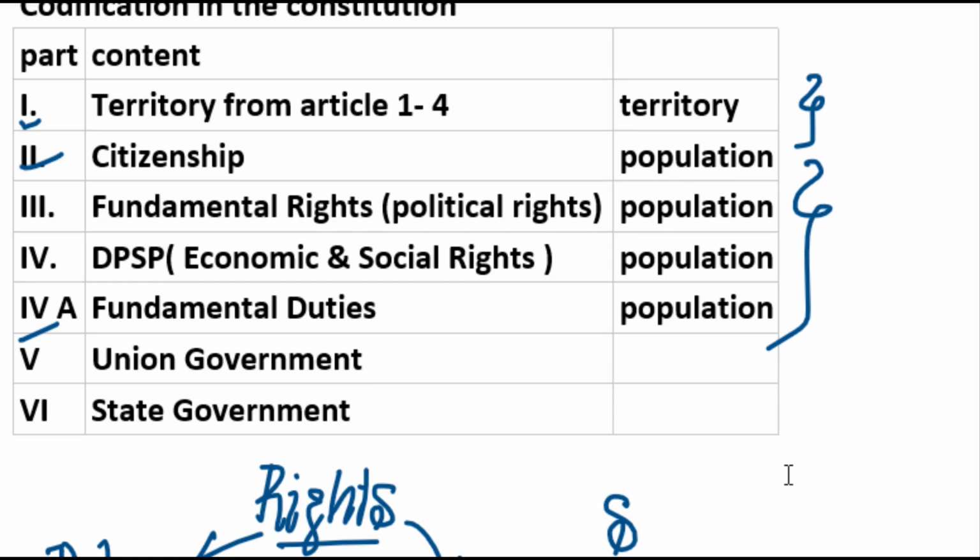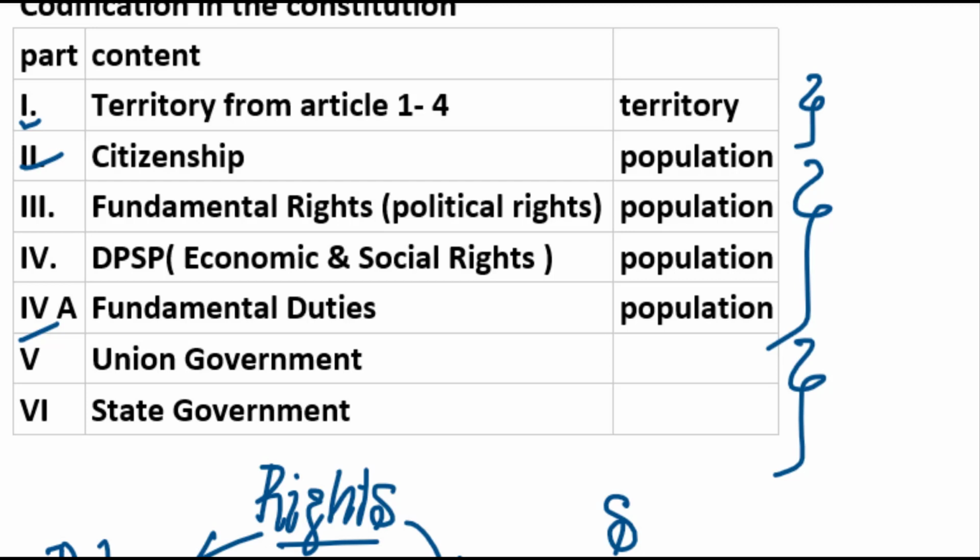Part 5 talks about the union government. Part 6 talks about the state government. Therefore, we can very safely conclude that the parts of the Constitution have been systematically organized. And having been systematically organized is what we mean by being codified.